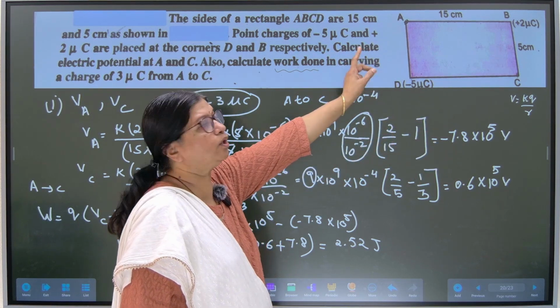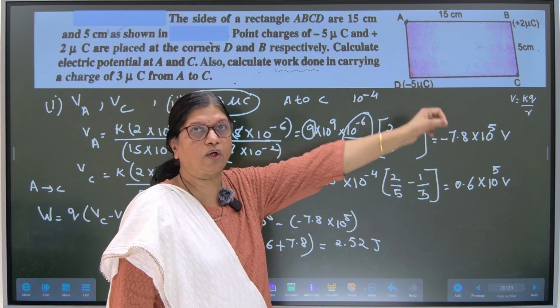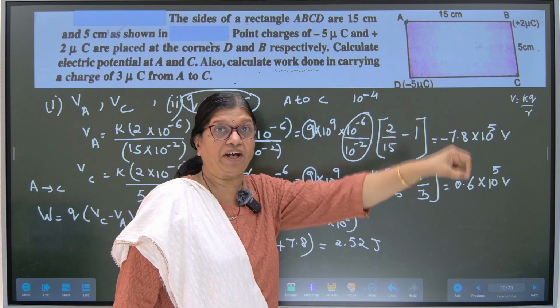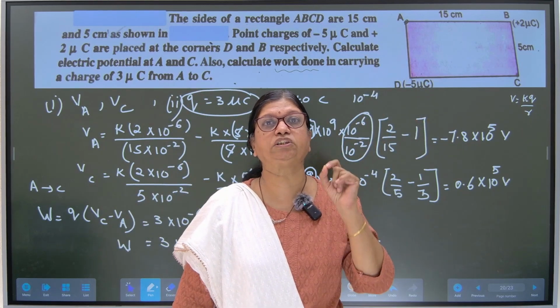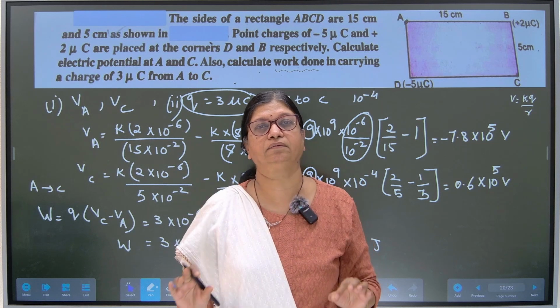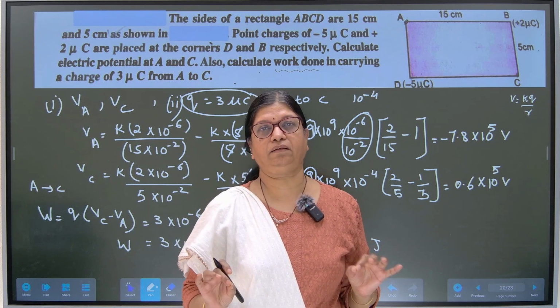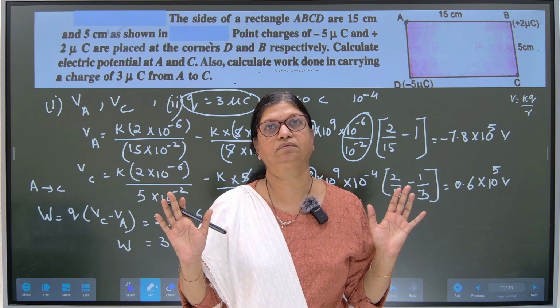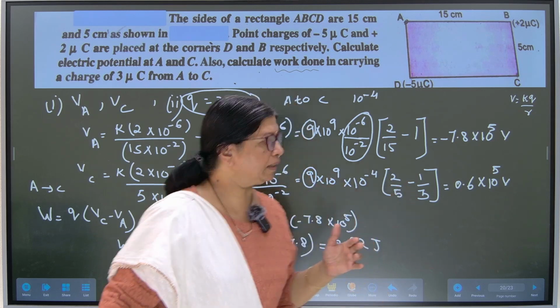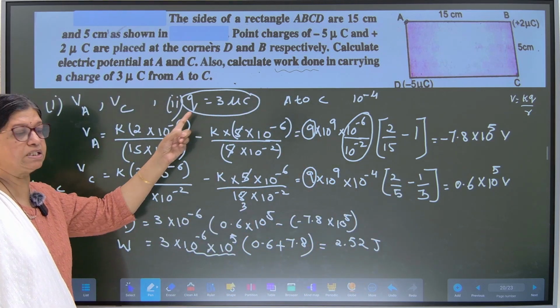Okay, we found out the potential of A, we found out the potential of C. Revise the definition of the work done. Work done is equal to charge multiplied by the potential difference. Fine. So we multiplied the charge which is given to us.